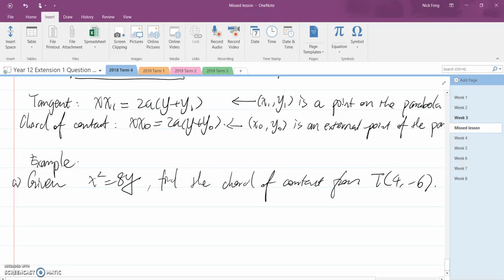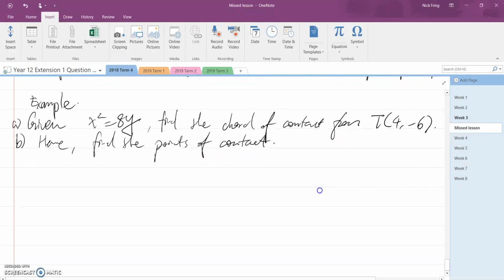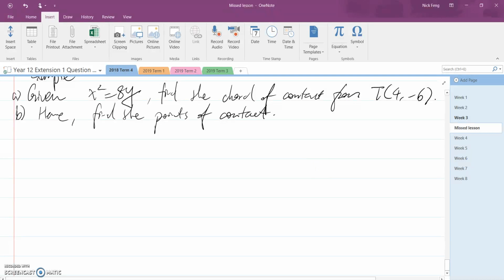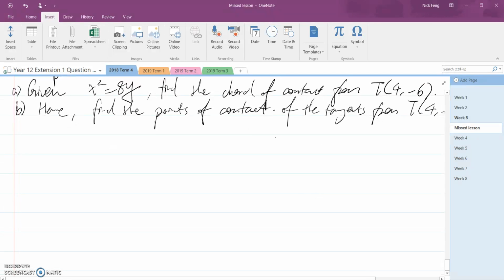This is an external point, and hence very commonly asked. Hence, find the points of contact of the tangents from T. Okay, let me draw the situation first.